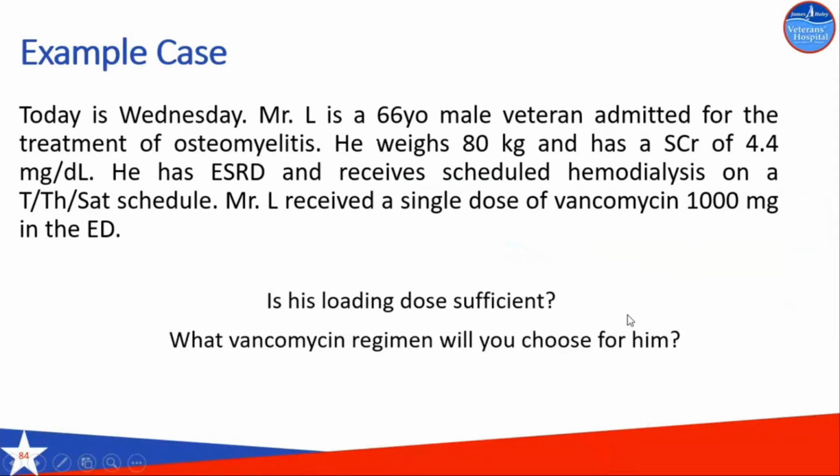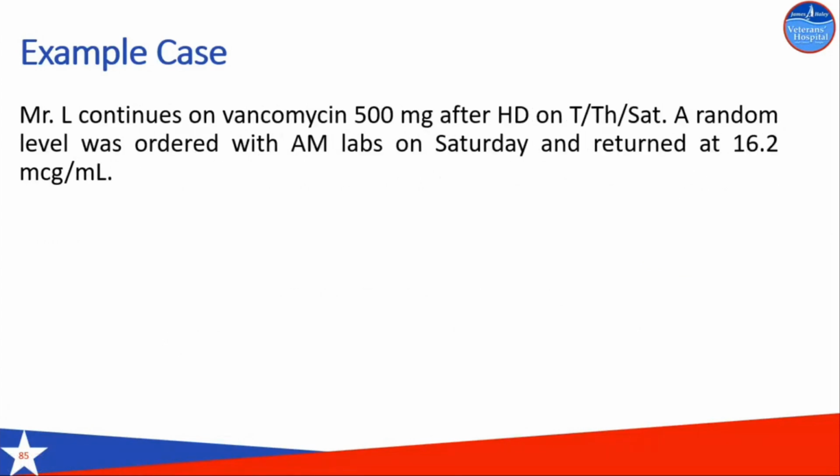So we want to go ahead and give him another gram now to equal about a total loading dose of 2,000 milligrams. So what Vanco regimen will you choose for him? Well, he's on dialysis, so we can go ahead and put him on 500 milligrams post HD. So his first 500 milligram dose will be tomorrow after dialysis.